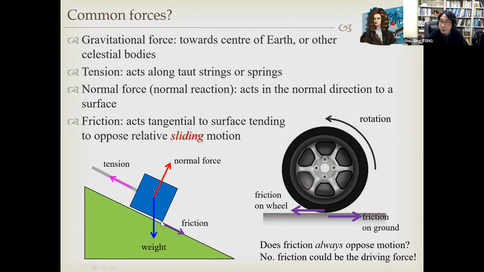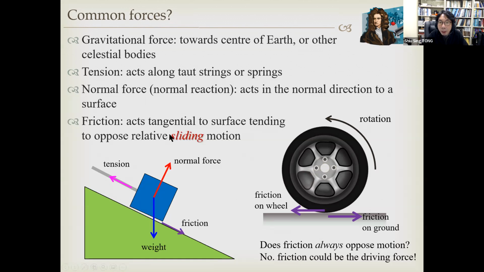Friction is a force that tends to oppose the relative sliding motion. If you are pulling this block upwards, then the frictional force will be the tangential force that tends to oppose the motion and is directed downwards along the plane. So the frictional force tends to prevent this body from moving.